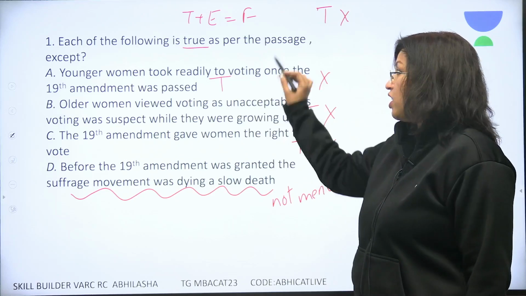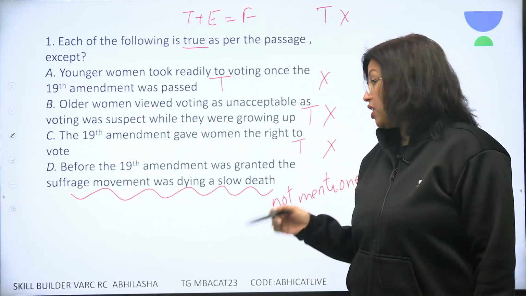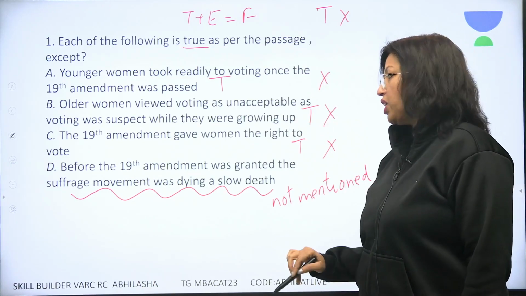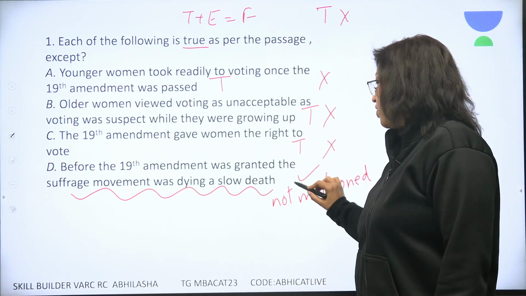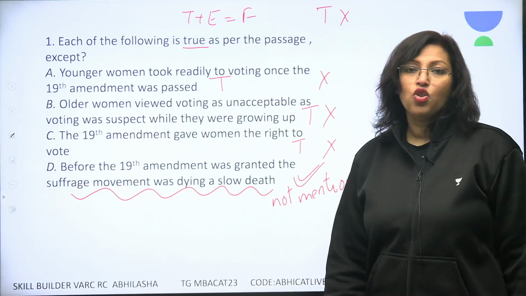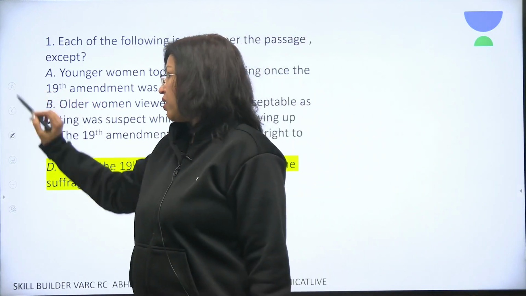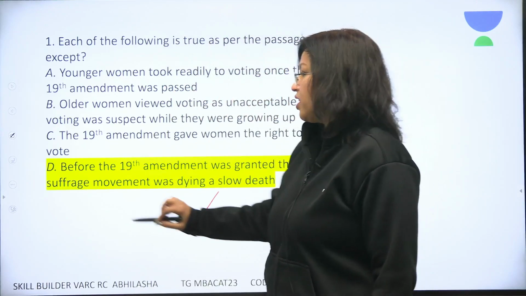So pay attention, it is not really false, but it is not mentioned in the passage. And because I have already eliminated A, B and C, so therefore D becomes our correct answer choice. I hope you got that. So correct answer choice D.